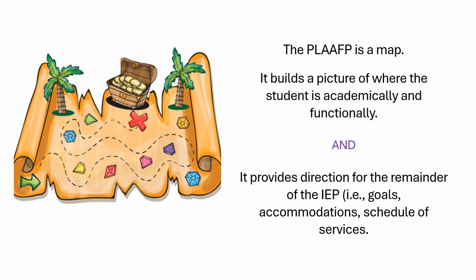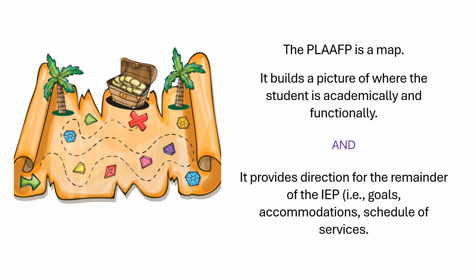The PLAAFP is one of the most important pieces of an IEP. It is the roadmap. It builds a picture of where that student is. So you have this starting point of where that student is performing academically and or in the functional performance area. By building that rich, deep picture of who that student is, it provides direction on how to map out the remainder of the IEP, how to map out the goals.